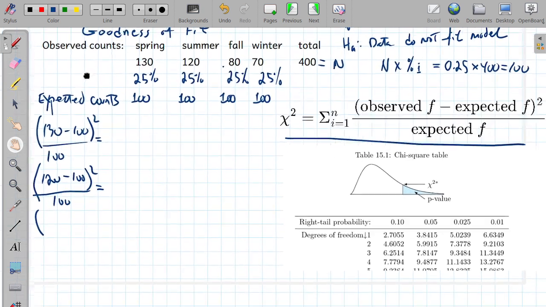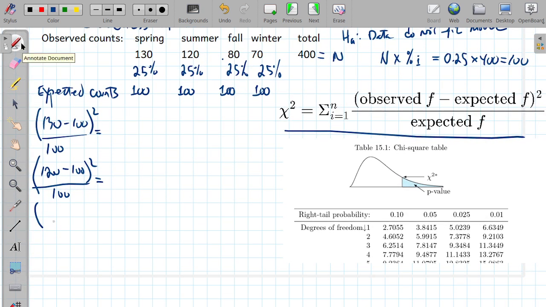Let's move this up a little bit. There we go. Then we're going to have 80 minus 100 squared, divide by 100. And then finally, we have 70 minus 100 squared, divide by 100.